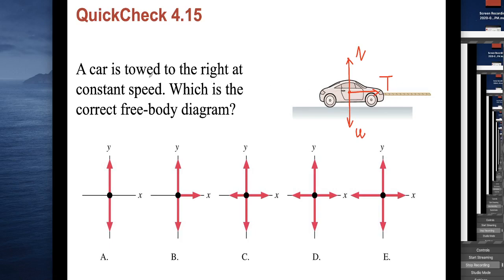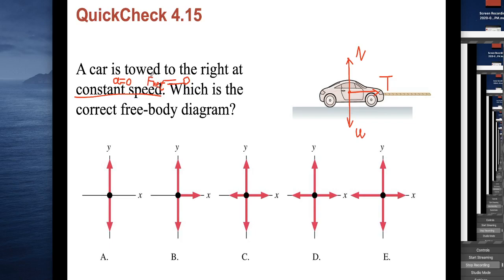Now, let's see. The key word is constant speed. So the car is towed at constant speed, which means the acceleration is 0. If the acceleration is 0, then we know the net force is 0. This is Newton's second law. Do you remember that?